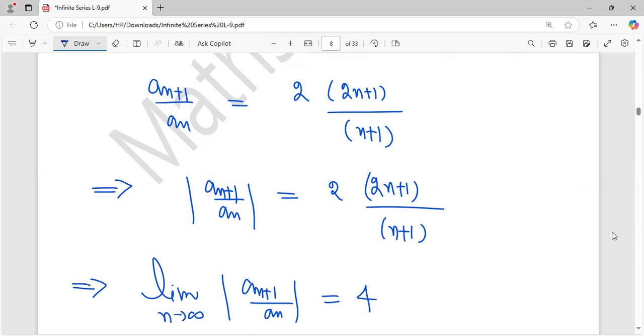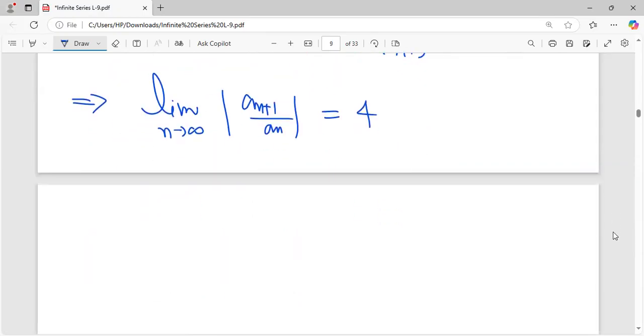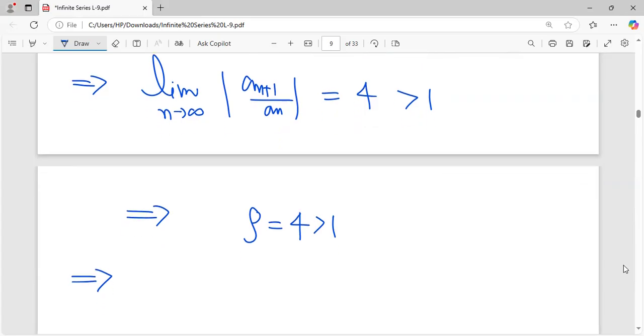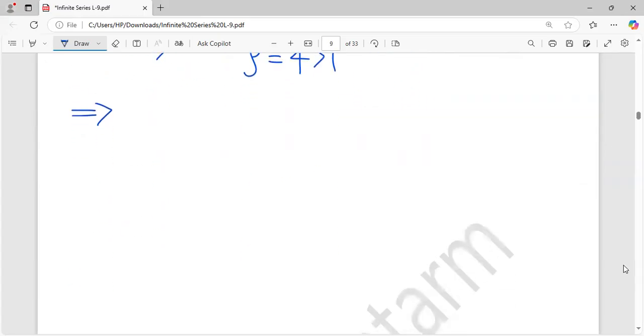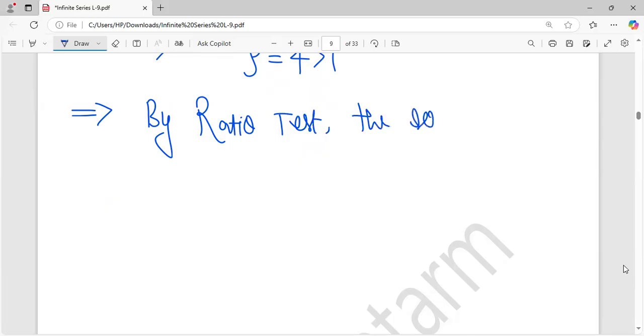So rho is 4, so that is greater than 1. So this implies the series diverges by ratio test.